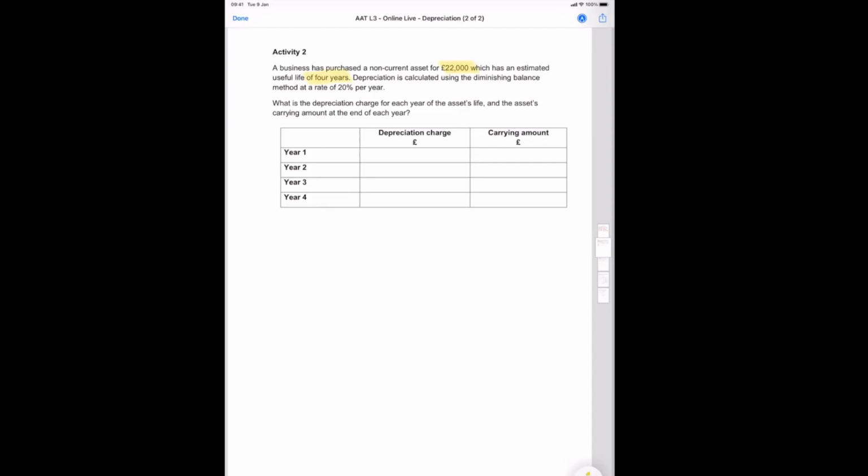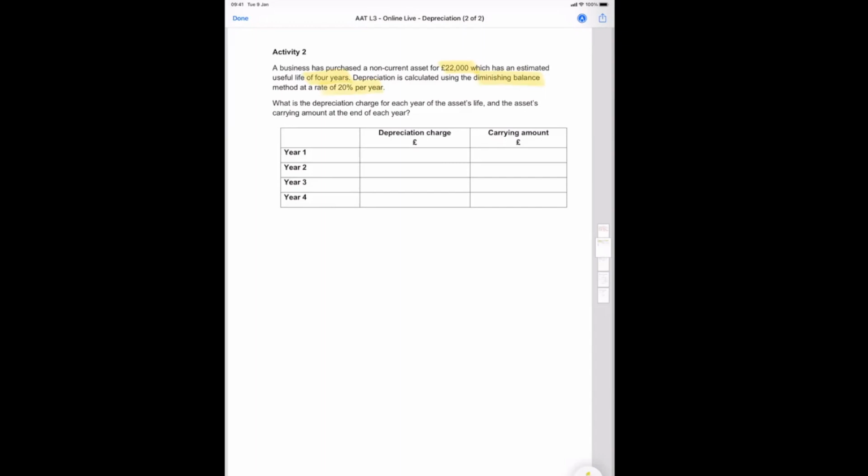However, depreciation is calculated using the diminishing balance method at a rate of 20% per year. What we need to do is calculate what the depreciation charge is for each year and the carrying amount at the end of each year.